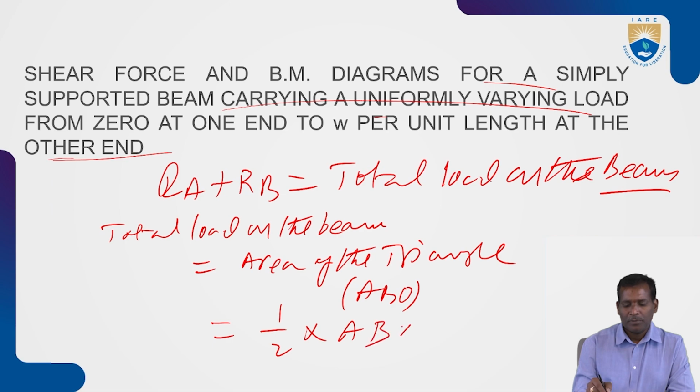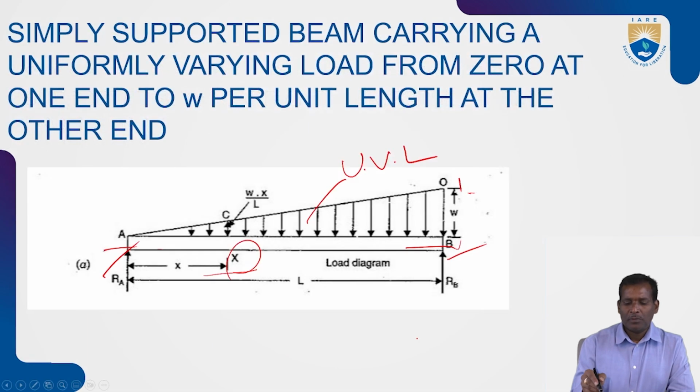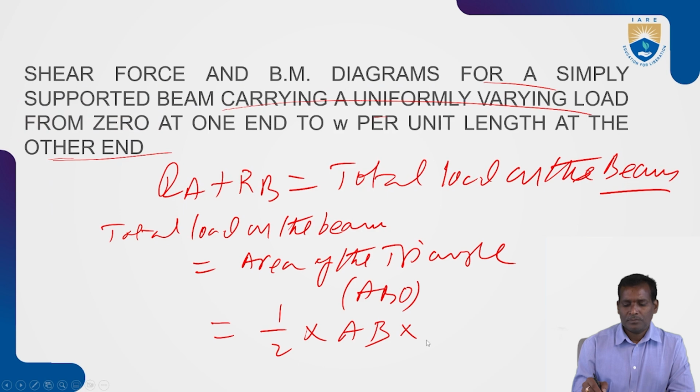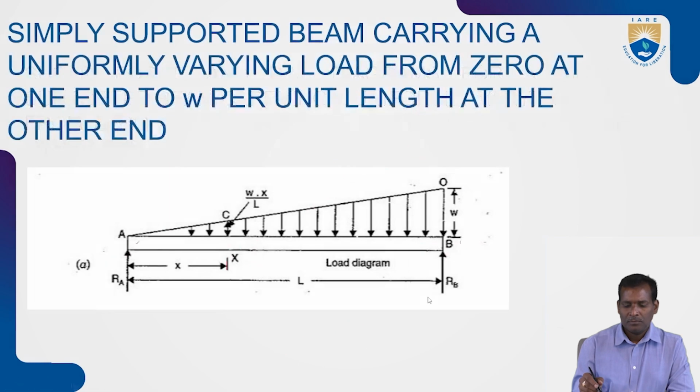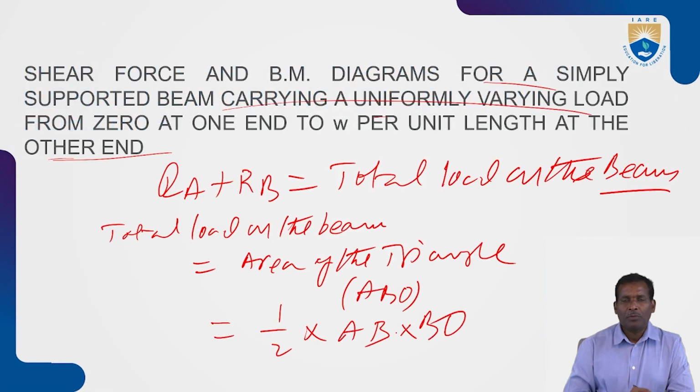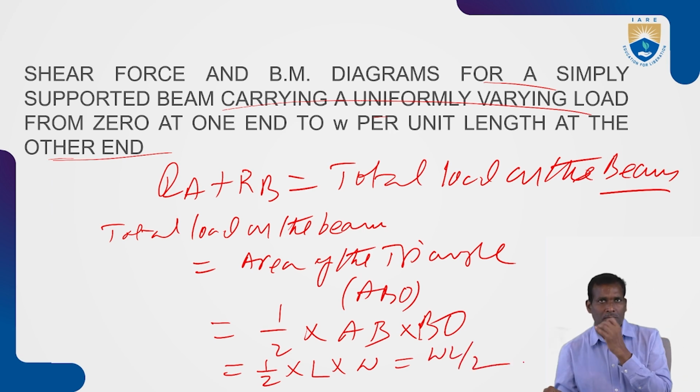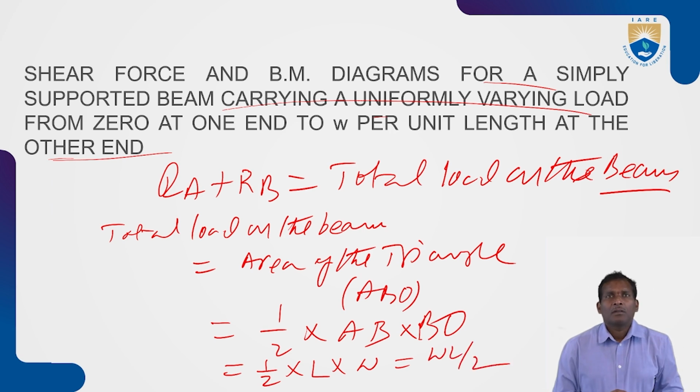Half multiplied with AB multiplied with BO. AB is the given length L and BO is W. So WL by 2. So the total load on the beam is WL by 2.